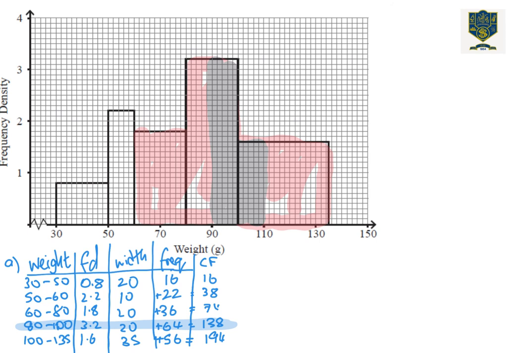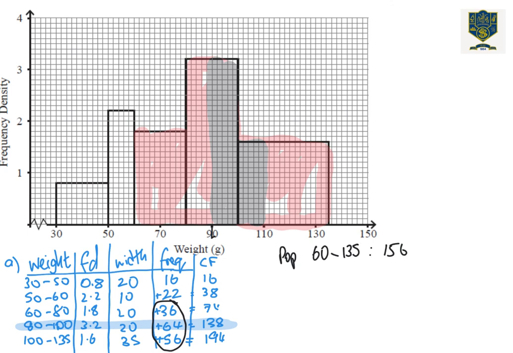So if we consider the population between 60 to 135, so population between 60 and 135 is 156. So that's found by adding these three frequencies together.